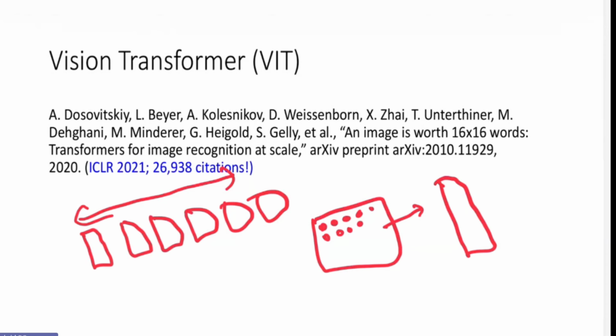So the first idea would be, why not consider the full image as one word? But there's a problem there, because if you consider that as one word, then the size of that word is huge, and it will be very difficult for the transformer to handle. And here, we are not giving focus to the relationship between different images, because we are considering every image as an independent image.